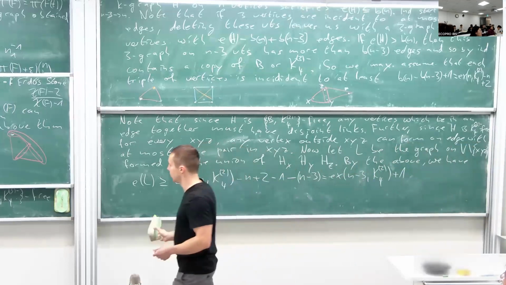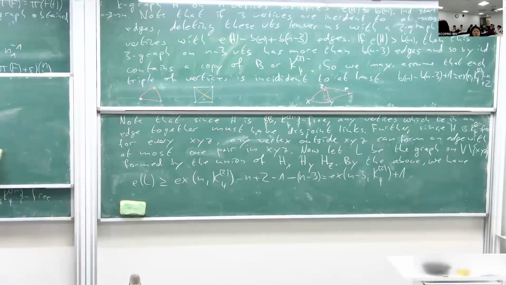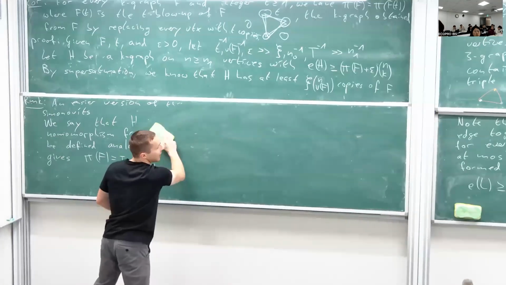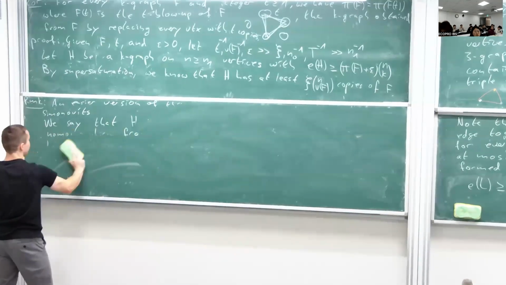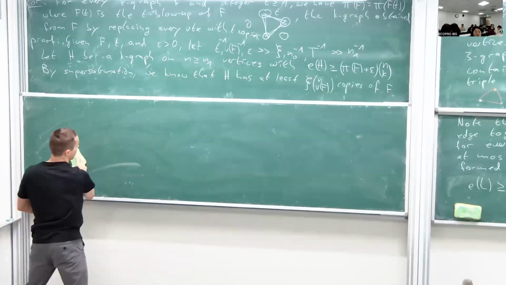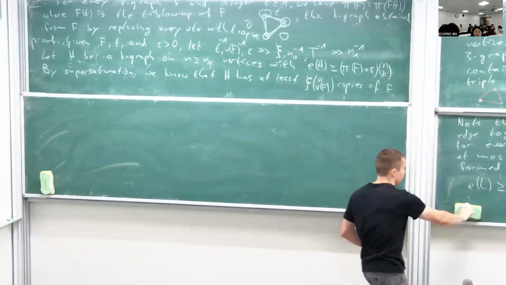Okay, so that is looking good. Because that tells us that this graph L will contain a K4. Let me write it here.